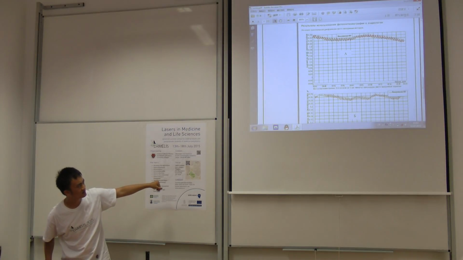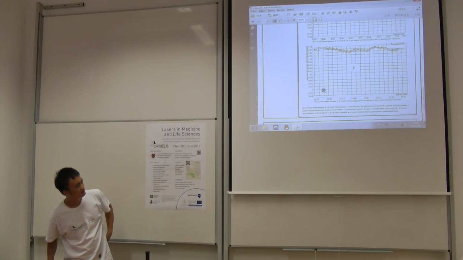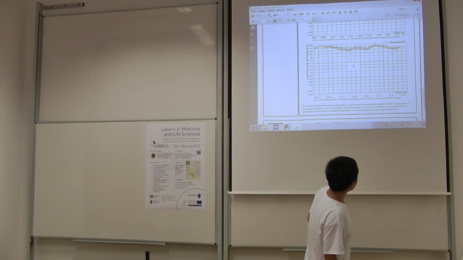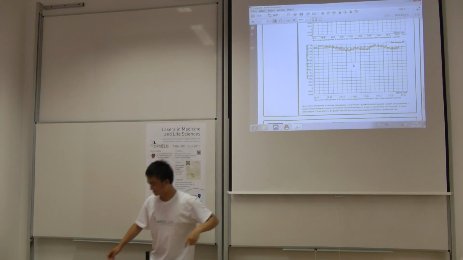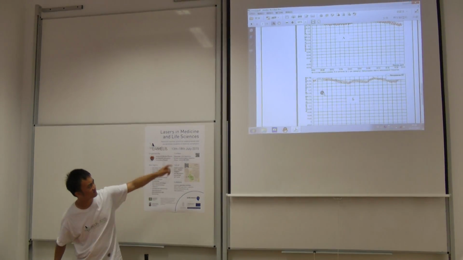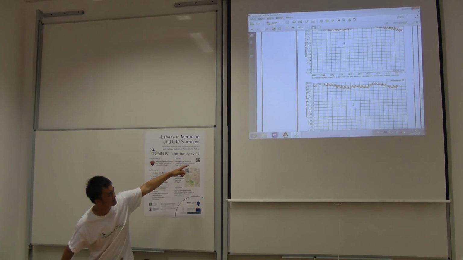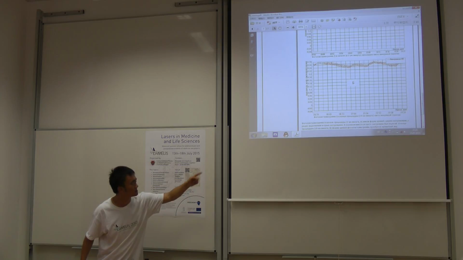But is the x-axis minutes and seconds, or what? Let's see. It's minutes. So this one is from 44 seconds to this time, and this one is from 18 minutes to that.